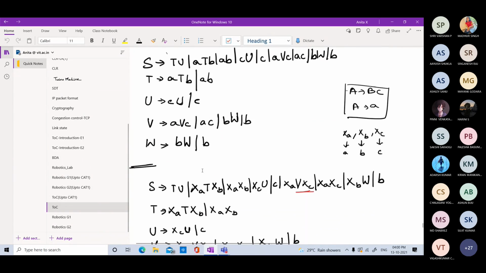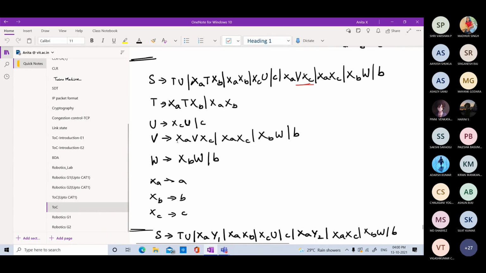So here, instead of A, XA, T, XB. Likewise, we are making the changes. After doing so, I'll have all this set of productions. Here again, you can infer not all the productions are in Chomsky normal form. Yes, most of the productions are converted, but there are still some more productions to be updated. Here you can see this is one such production.